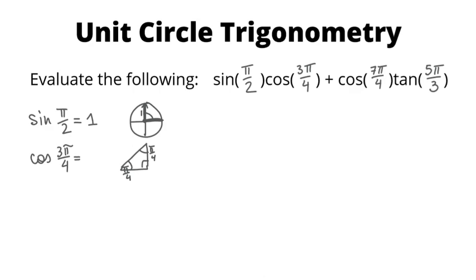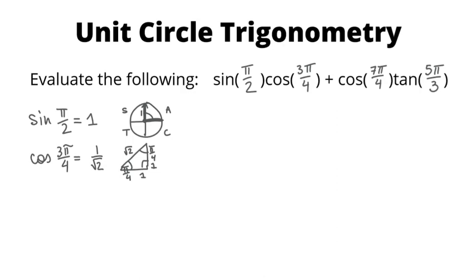And the side lengths are 1, 1, square root of 2. So the ratio of the cosine will be 1 over square root of 2. But I also need to be careful with the sign. Based on the CAST rule, my ratio could be negative.